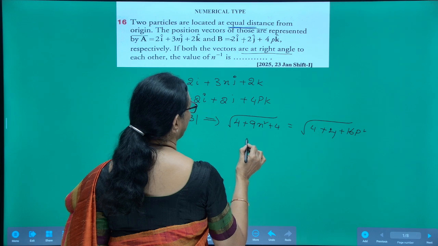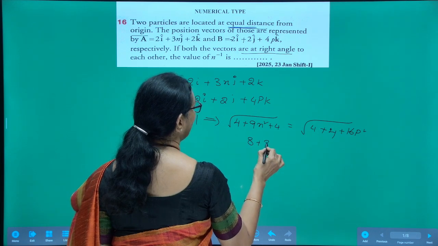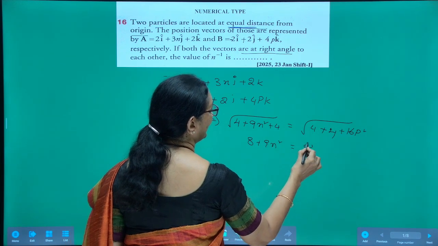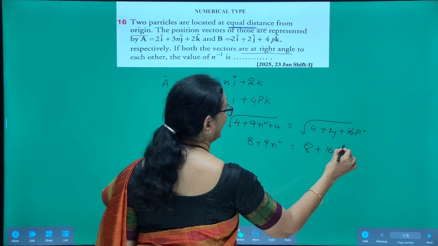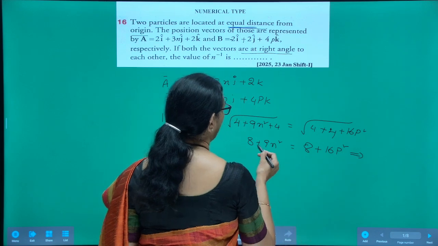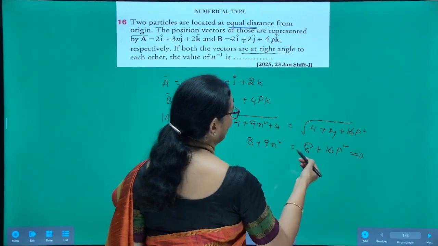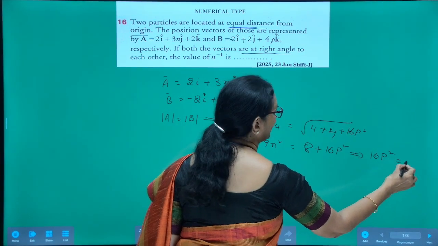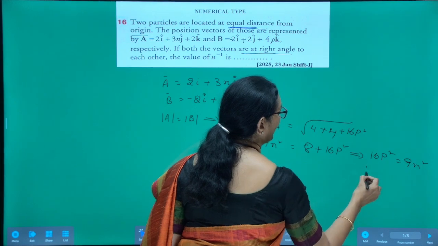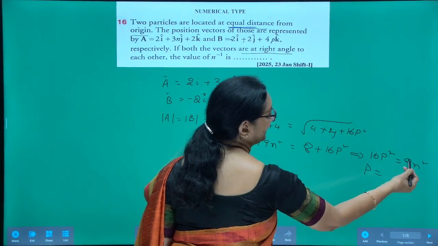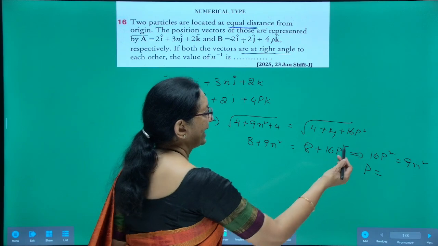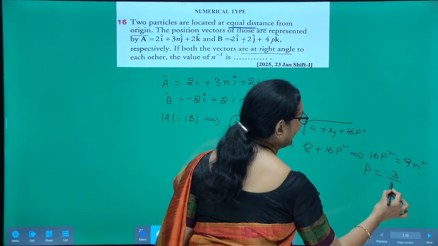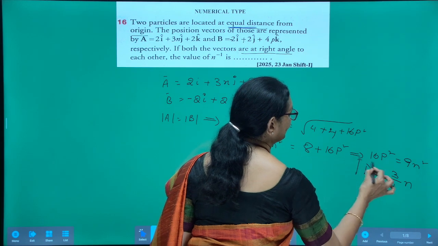Squaring on both sides, 8 plus 9n square is equal to 8 plus 16p square. If you bring this 8 to the other side, it becomes 8 minus 8, 0. So 16p square is equal to 9n square, or taking square roots on both sides, p is equal to 3 by 4n.